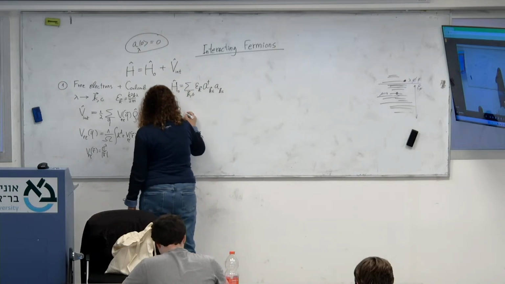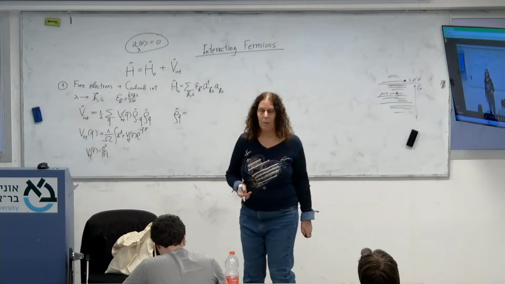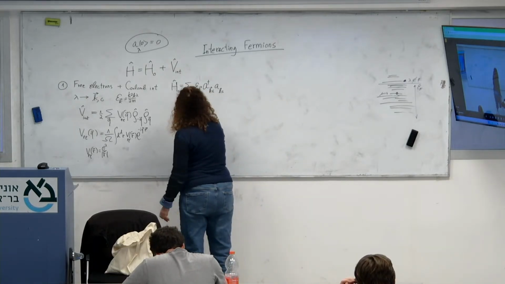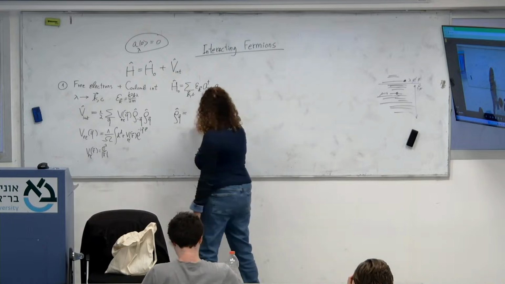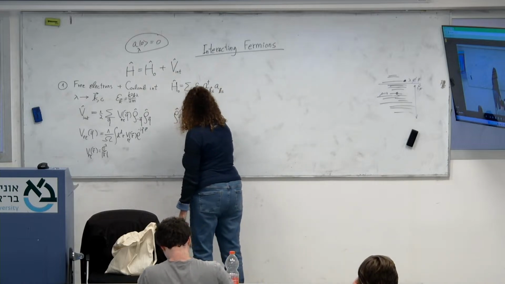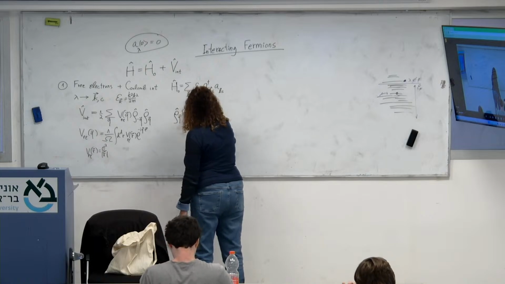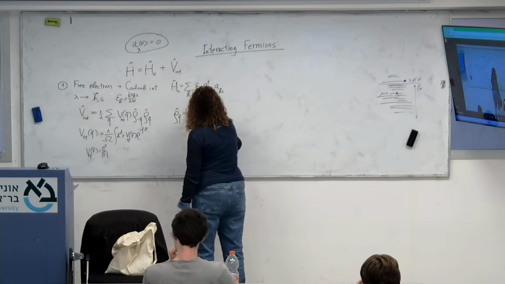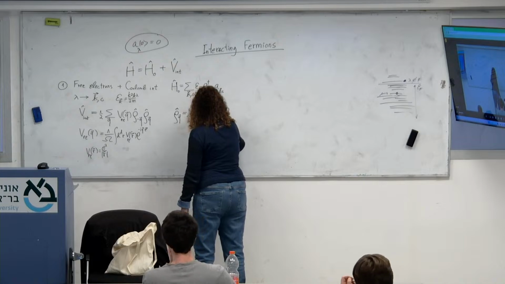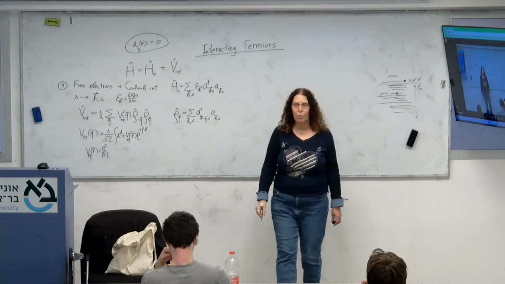Rho of Q is the Fourier component of the density operator. And if I want to express it explicitly in terms of these operators, then it's given by a sum over k and sigma of a dagger k minus Q sigma and a k sigma. Okay, so what is this operator describing?